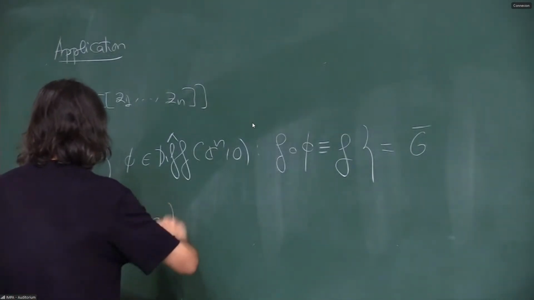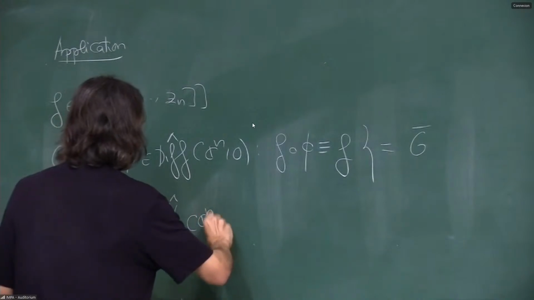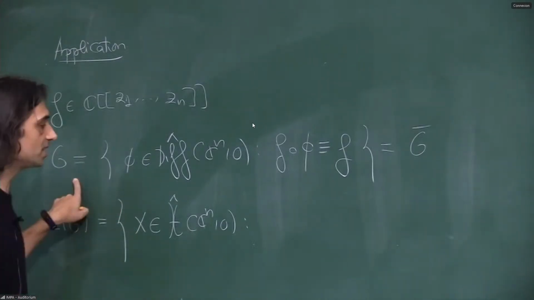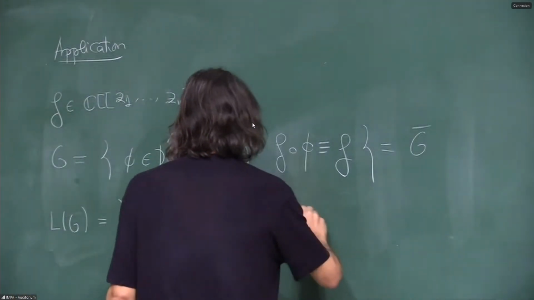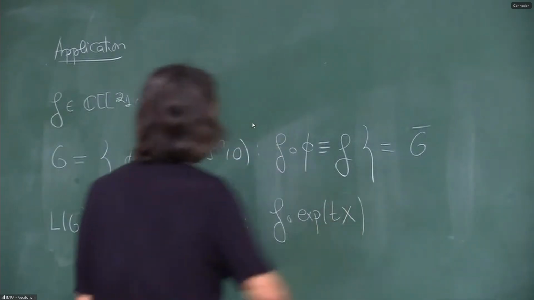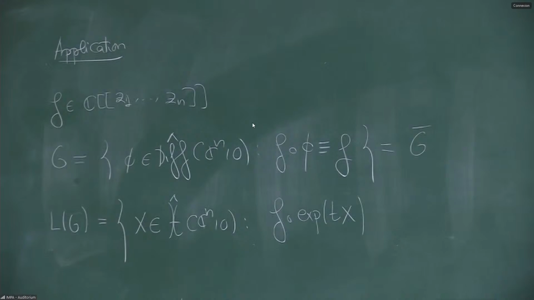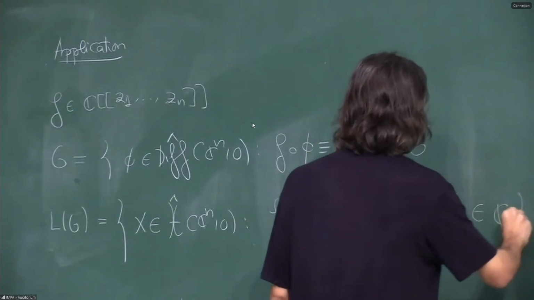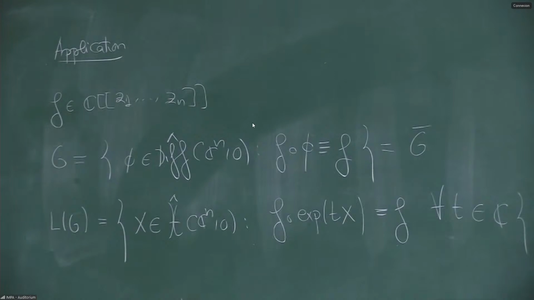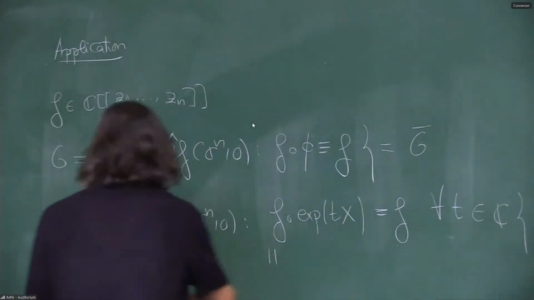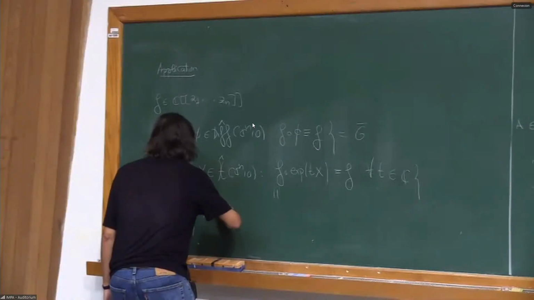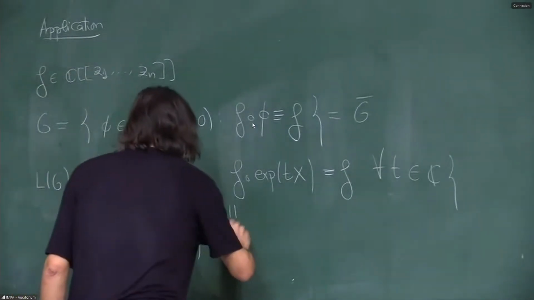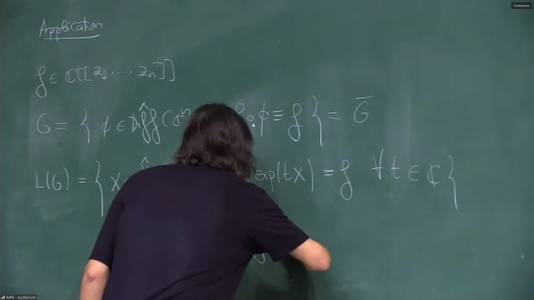It's going to consist of the formal vector fields whose one parameter group actually is contained in G. So that the time T map of X composed with F is equal to F for every T in C. Obviously, I'm going to explain why, but it's not difficult to see that this is the set of formal diffeomorphisms such that F is a first integral of X.